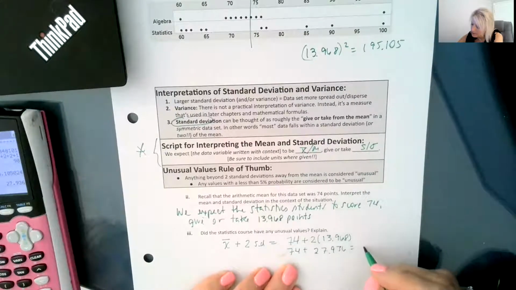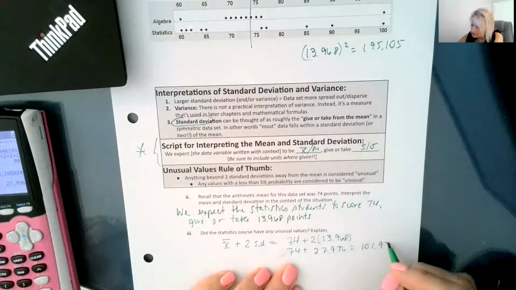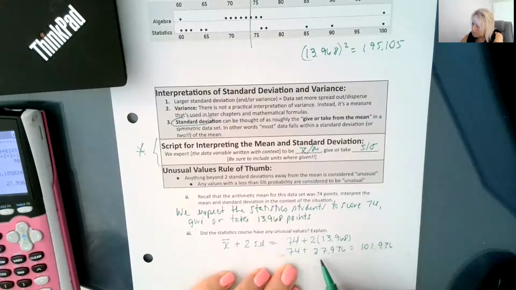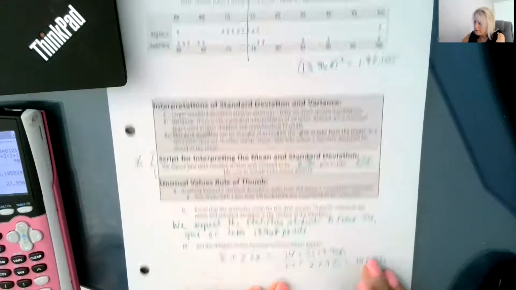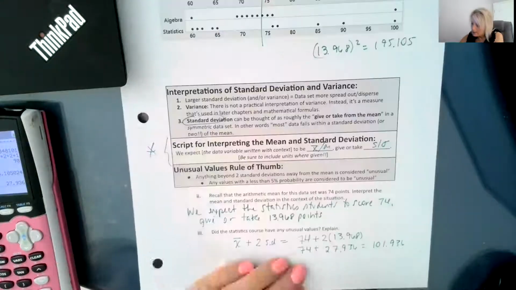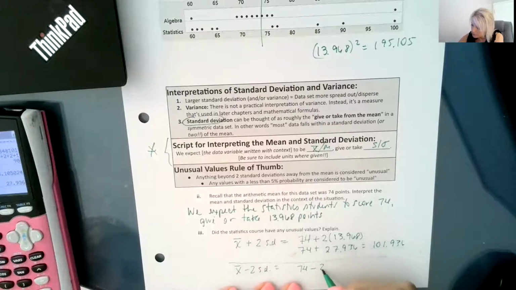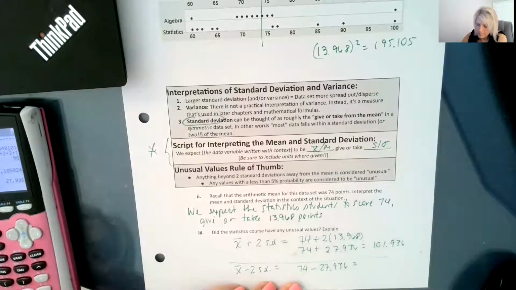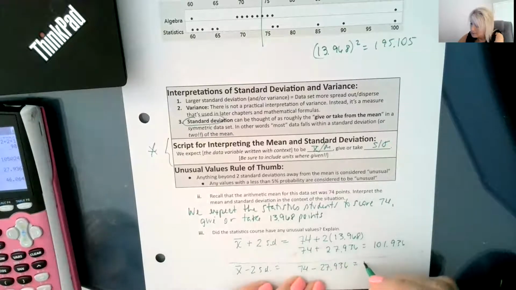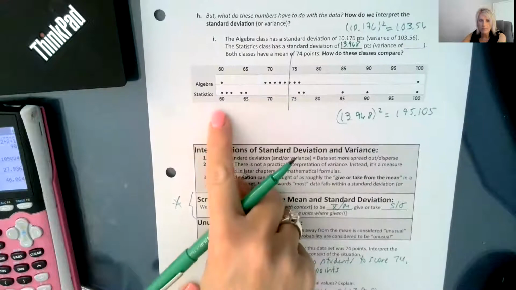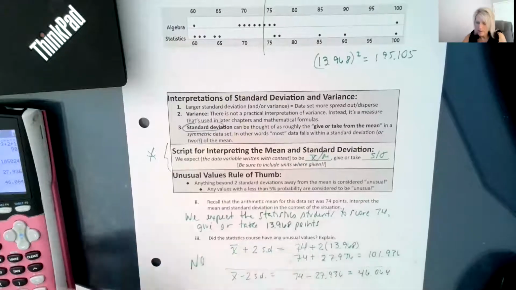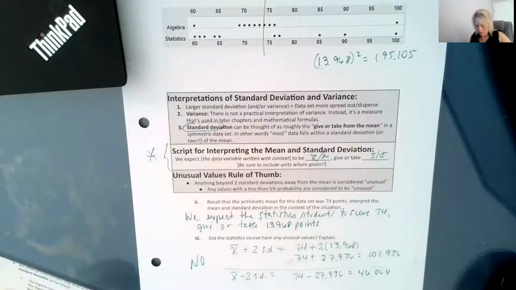Somebody would have had to score 101.936. Okay, didn't have anybody score higher than 100, right? Or it could be the mean minus 2 standard deviations. So 74 minus 27.936 would be 46.064. Did anybody score lower than a 46.064? No, our lowest score was a 60. So it's no. That's how we can tell if there's something unusual or not.